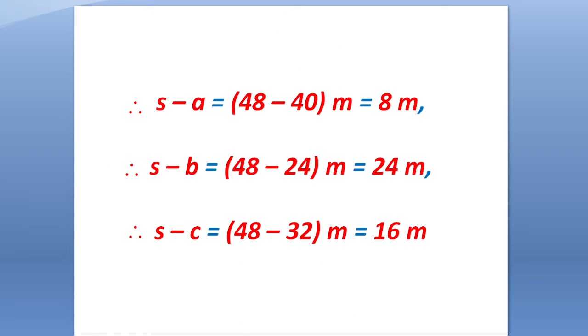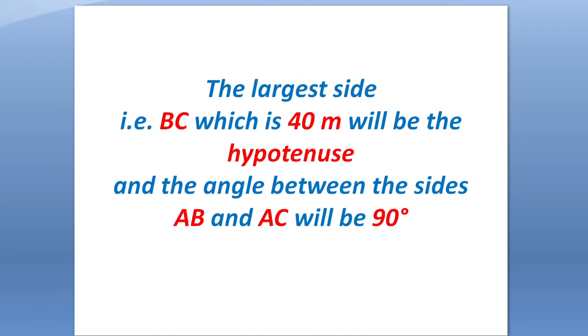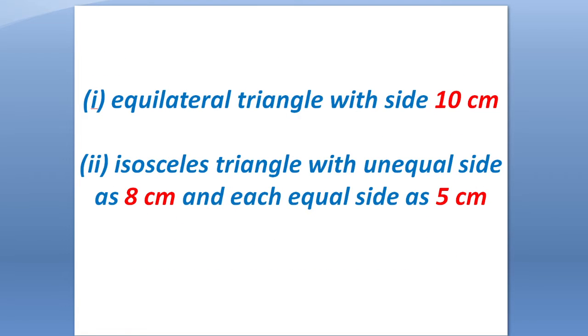And then we solved these examples again using Heron's formula, and I gave you homework: an equilateral triangle with side 10, and an isosceles triangle with unequal side 8 centimeter and each equal side 5 centimeter.